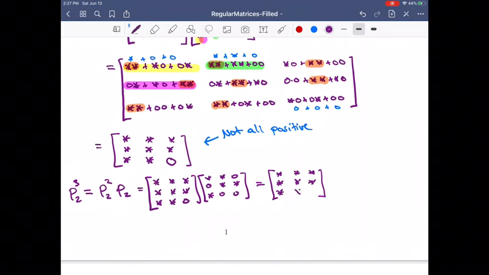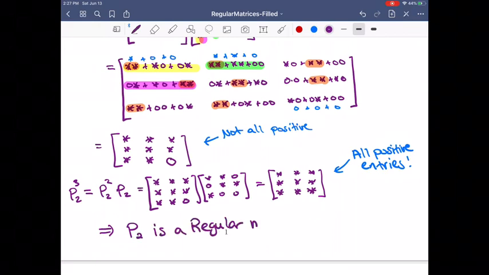So that means in my cube, my P2 cubed, we have all positive entries. Okay, so that means that the matrix P2 is a regular matrix because some power of it has all positive entries. Okay, so P2 is regular. That's what we just showed.